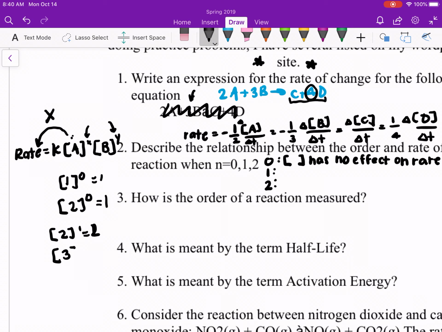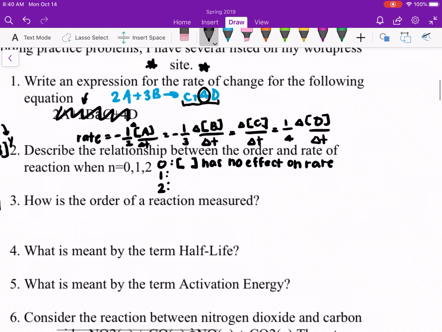If I raise 3 to the 1, that's 3. So if I double my concentration, I will double my rate. To synthesize that shorter, my rate is directly proportional to concentration. And that's the same if I halve my concentration, I'm going to halve my rate.